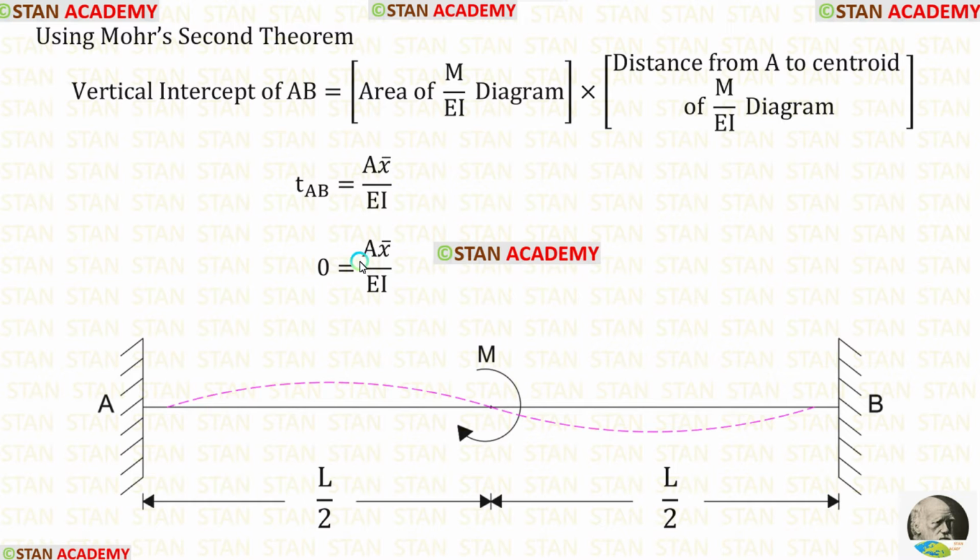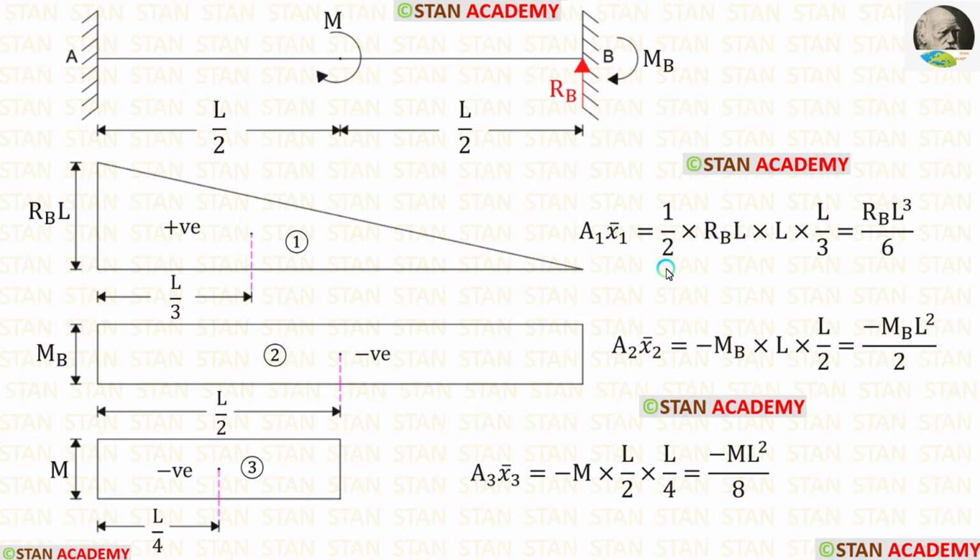Now let us find area into x bar. In the previous step, we have already found the area. So here we only have to find x bar. We are going to find out the centroid distance towards the point A. First, let us find x bar 1.